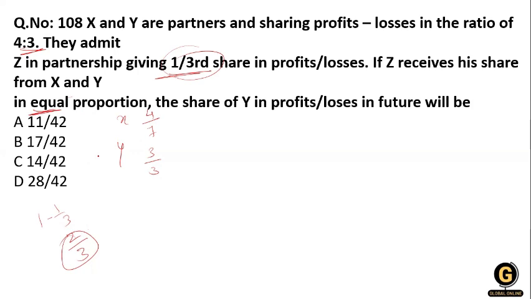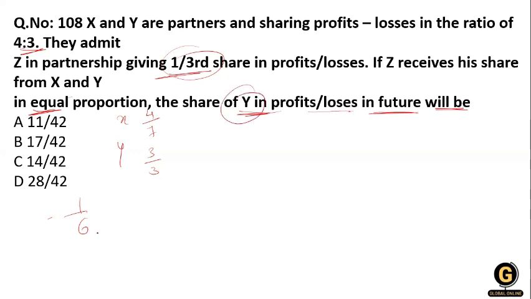So what do we do? He gets 1/6 of the share equally from X and from Y. The question is about the share of Y in profit and loss in future. So what will the ratio of Y be? It is asking only about Y's ratio.